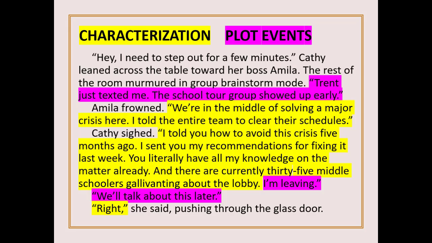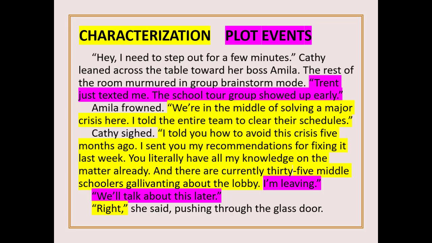Now, there's also several elements of characterization going on here for both Amila and Kathy. We find out that Amila is somewhat of an assertive person because she says, you know, I'm leaving. She just decides she's going to do that in conversation with her boss. And we also find out that there's a difference in priorities here between them and quite a bit of friction.